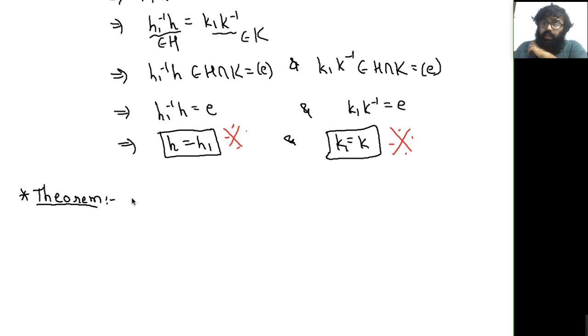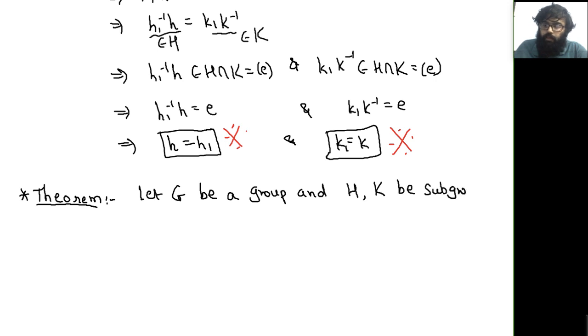If you have any difficulty here, so the idea is. The theorem statement is: let G be a group and H and K be subgroups of G. And this is a very important result.